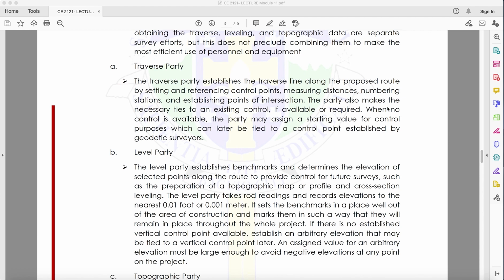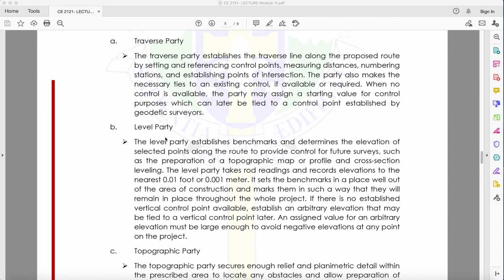The party also makes the necessary ties to an existing control if available or required. When no control is available, the party may assign a starting value for control purposes, which can later be tied to a control point established by geodetic surveyors.